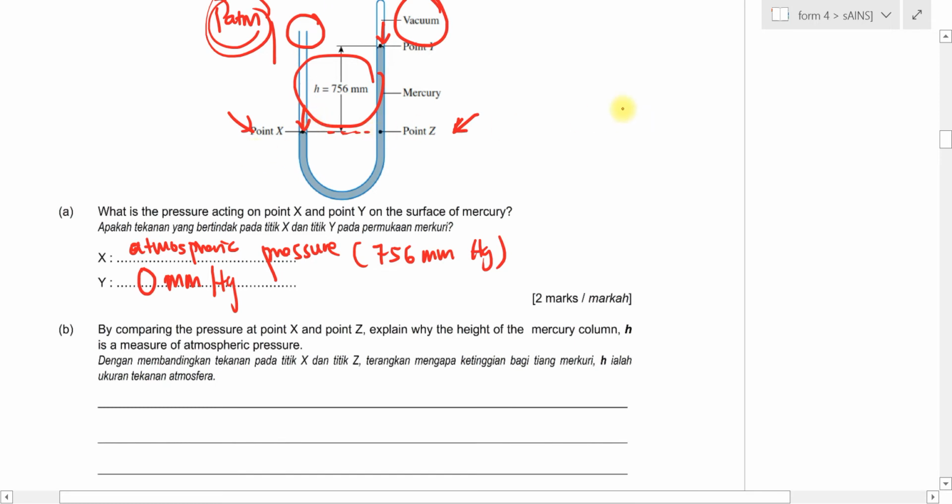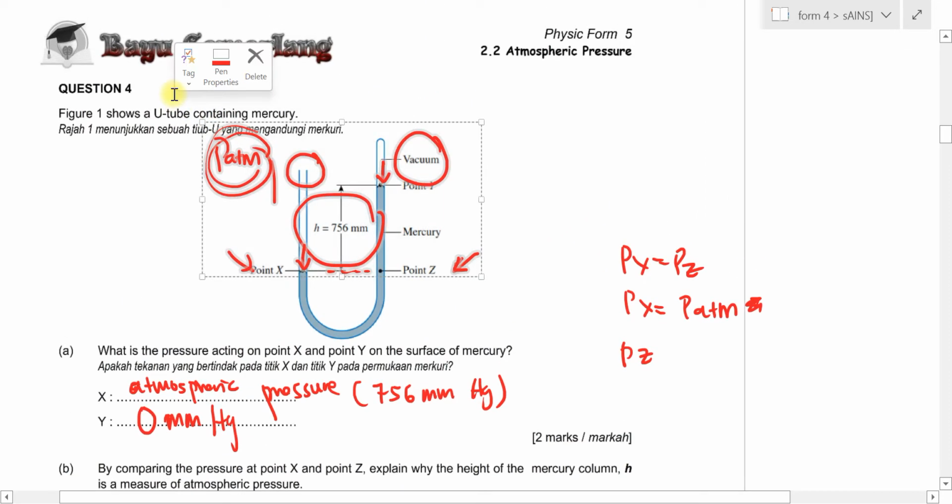So actually the pressure at X is equal to the pressure at Z. And remember, the pressure at X is actually the atmospheric pressure, and also for the pressure at Z, we look from the top. Okay, wait, let me clear this.